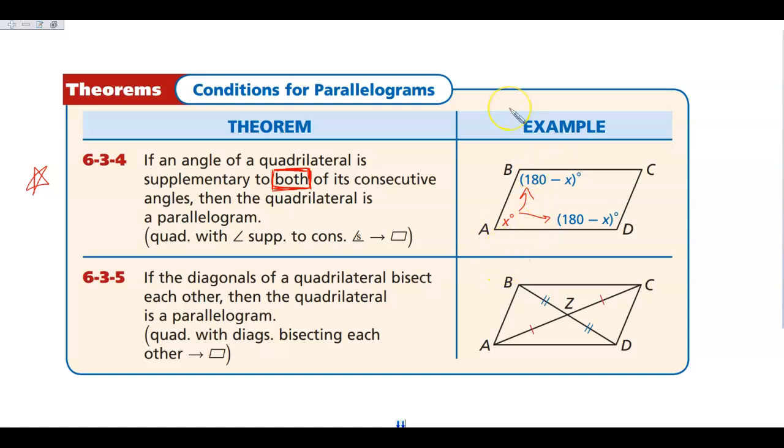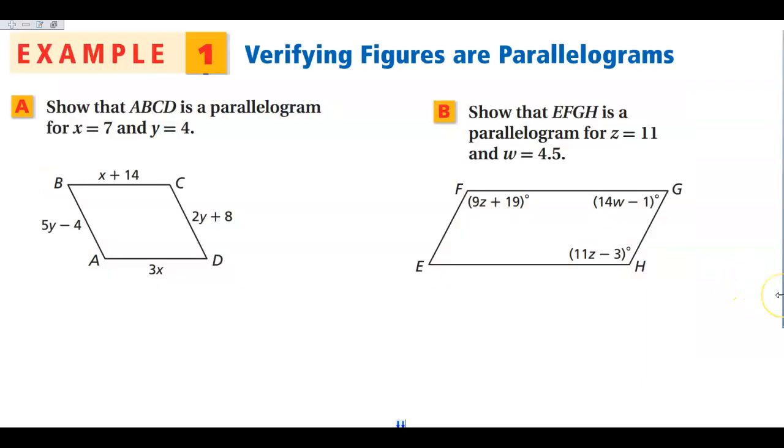It can't just be one, because if these two angles here are supplementary, that gives us that these lines are parallel. Okay? When these two are supplementary, that gives us that these are parallel, and then we have our parallelogram. So one angle has to be supplementary to both of its consecutive angles in order to know that we have a parallelogram. All right. So it's, again, a lot of the same properties that we talked about in 6.2. Now we're just kind of flipping them around and turning them in reverse.